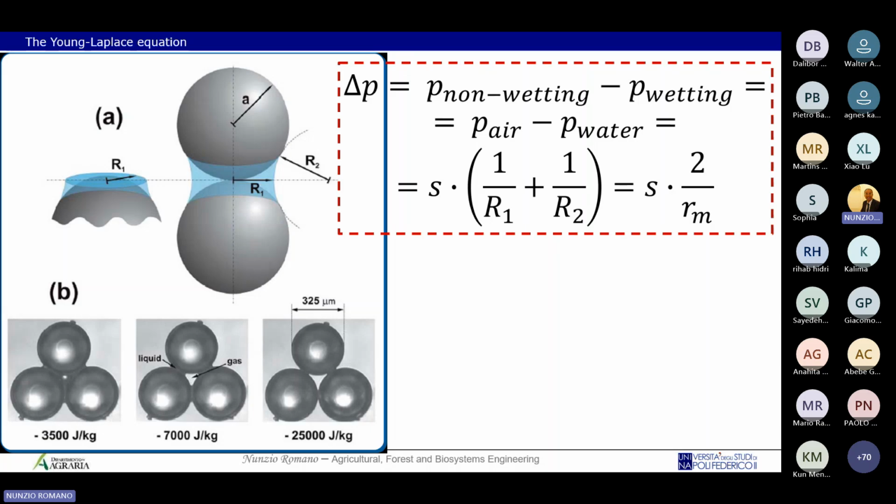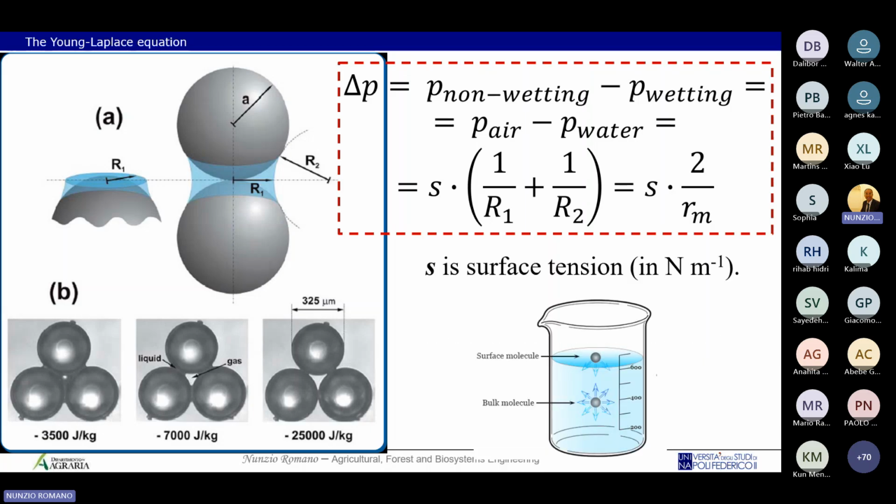But I want to discuss a little bit the meaning of the term gamma. Gamma is the surface tension, measured in Newton over a meter, so it is a force over length.